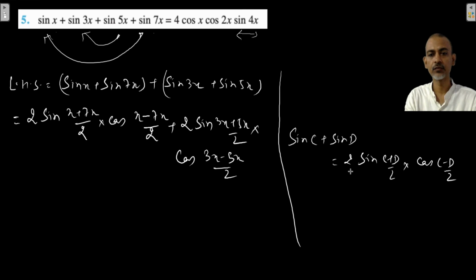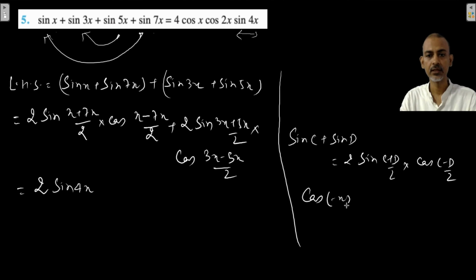I'm just applying the formula which is given over here. Now the first term, (x plus 7x) by 2, will become sin of 4x. Now this will become (x minus 7x), minus 6x by 2, which will become minus 3x. But cos of minus x, we know that cos of minus x equals cos of x. We'll just simply write cos of 3x over here.